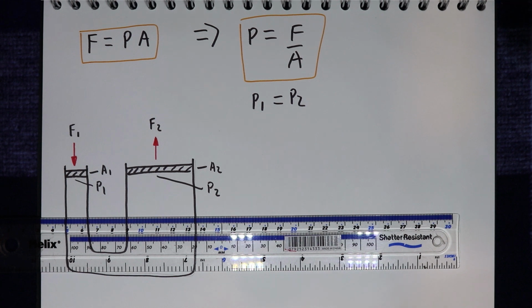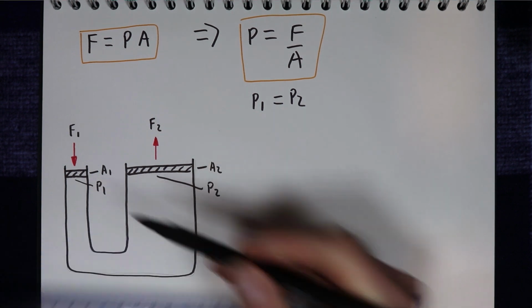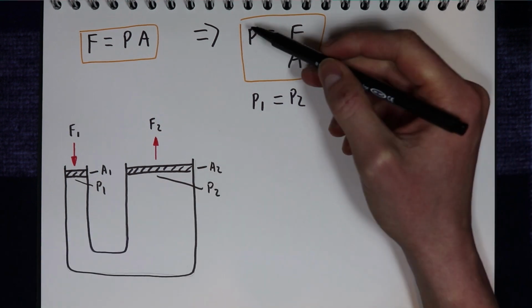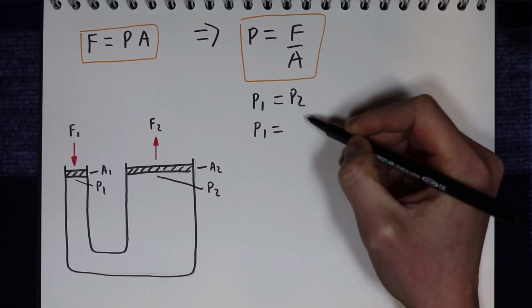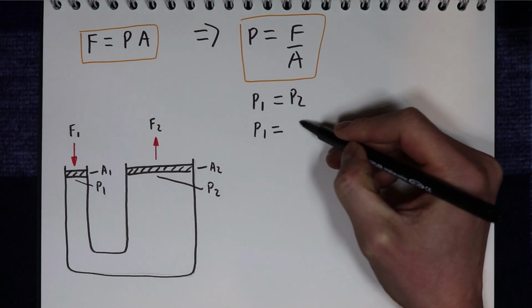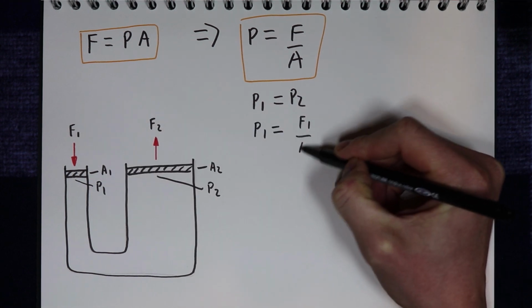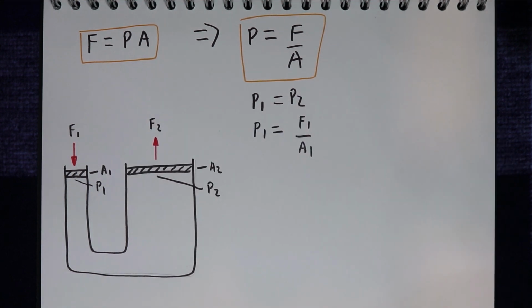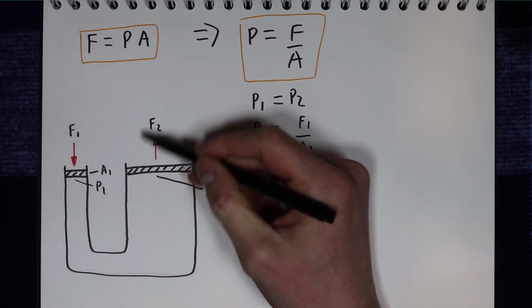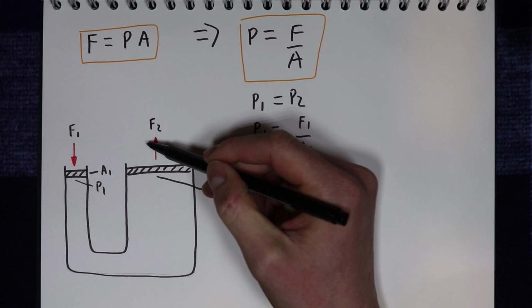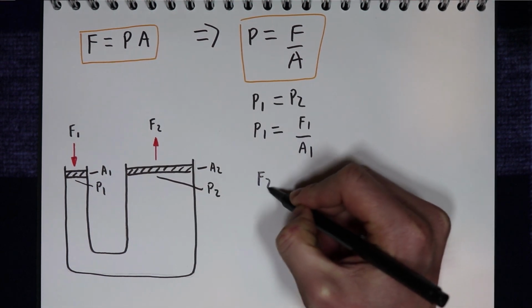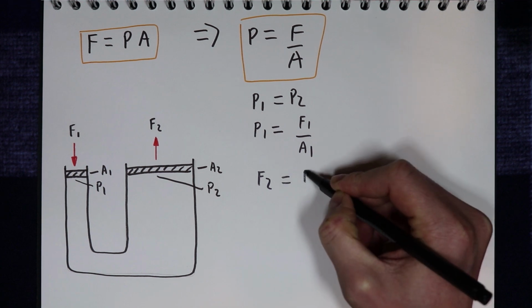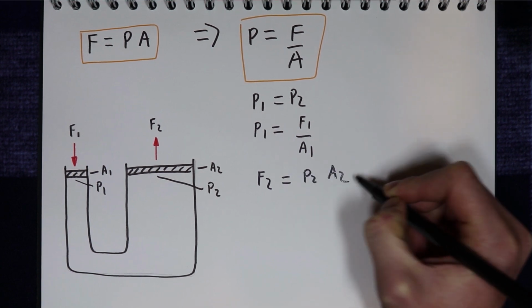So, what is the pressure under the first piston? Well, we know that pressure is force over area, so P1 is going to be equal to F1 over A1. We can then ask what is the force coming off the second piston, F2, and we know that force is pressure times area, so F2 is going to equal P2 A2.